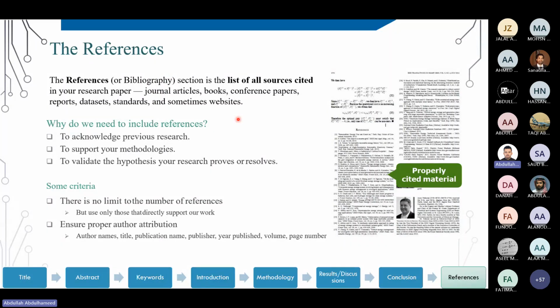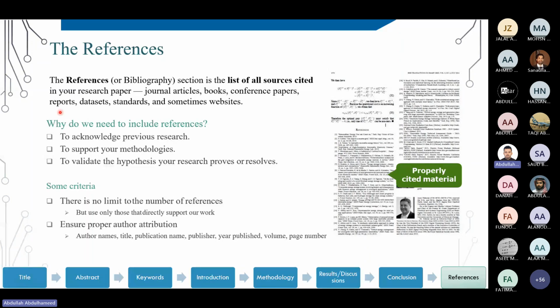So where do you cite? Mostly in the introduction, maybe in the methodology, maybe in the results and discussion section, you have some cited previous research. These could be journal articles, books, conference papers, reports, data sets, standards, and sometimes even websites. You can cite websites also in your paper.